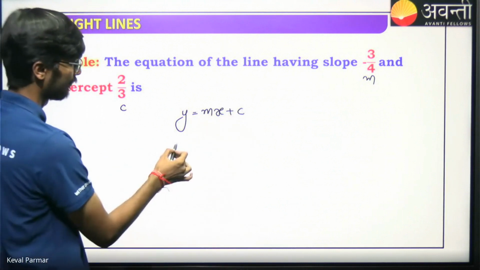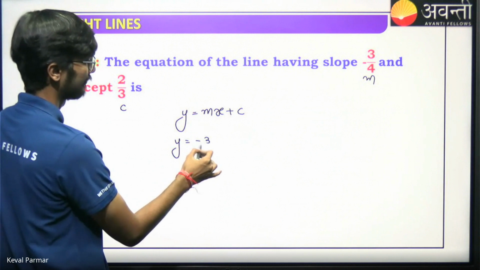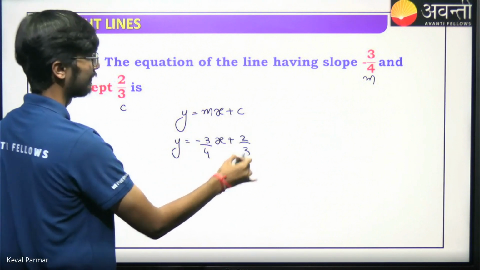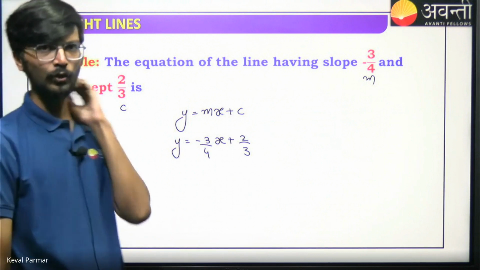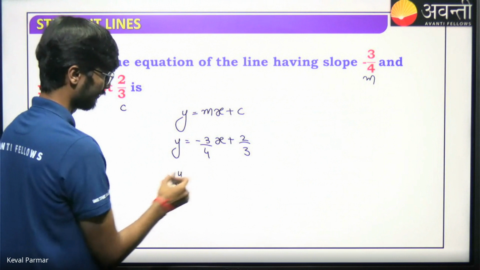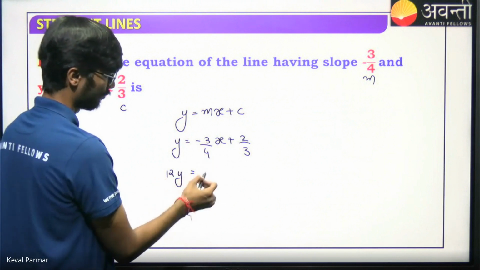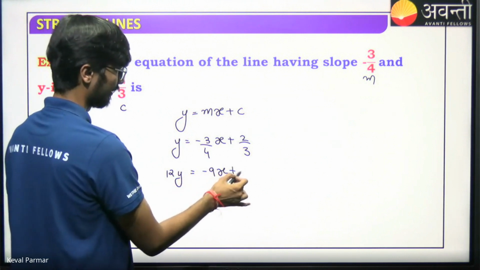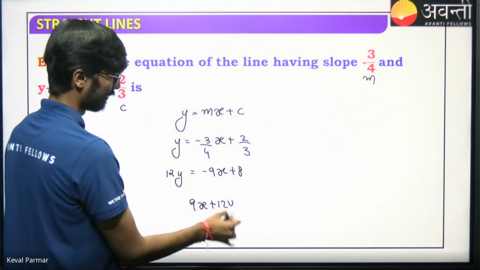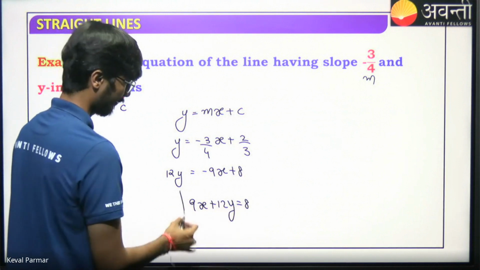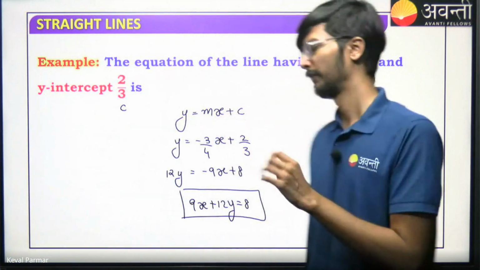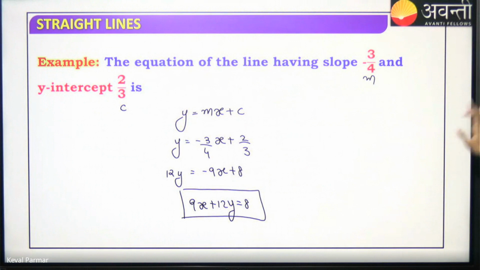What is m? y equals minus 3 by 4 x plus c, which is 2 by 3. This is my answer. If you want, we can take the LCM here. So I'll get 12y equals minus 9x plus 8, or I can write 9x plus 12y equals 8. This is my answer. I hope it is clear. Very simple to understand. Let's move to the next part.